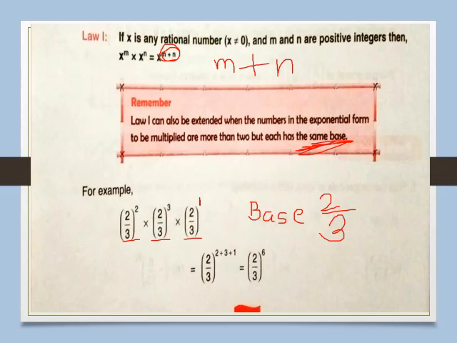So we will add the powers, that is 2, 3 and 1. What is the final answer? 2 upon 3 raised to the power 6. Here the base is 2 upon 3, which is the same in all the cases, and therefore we have to add the powers only.